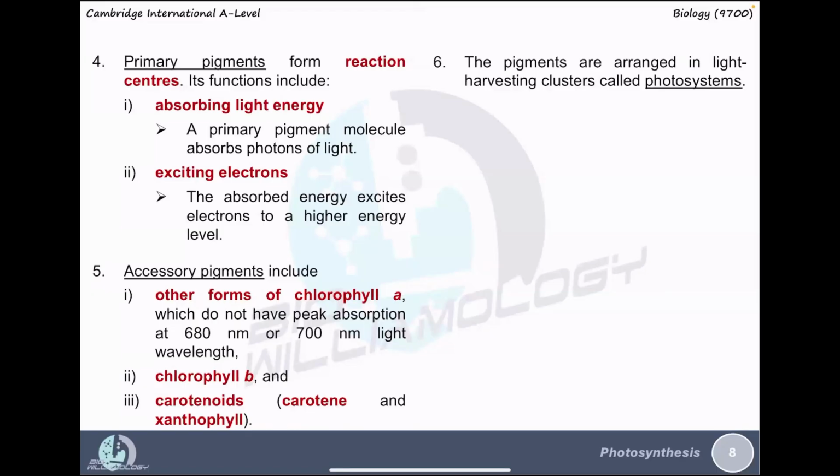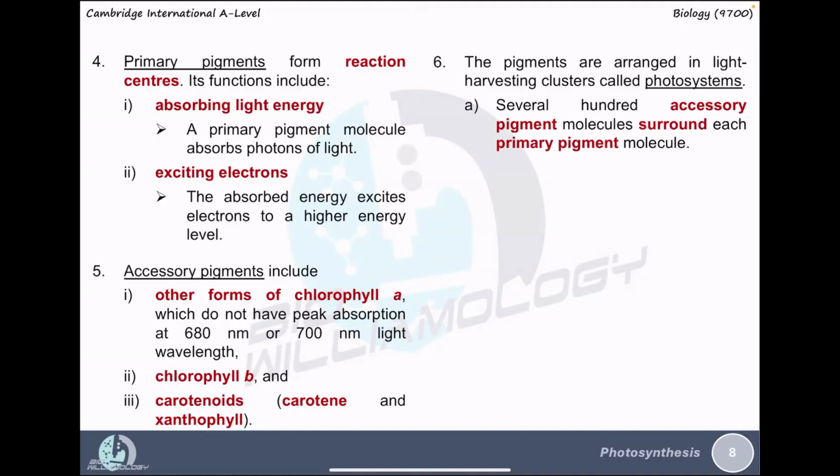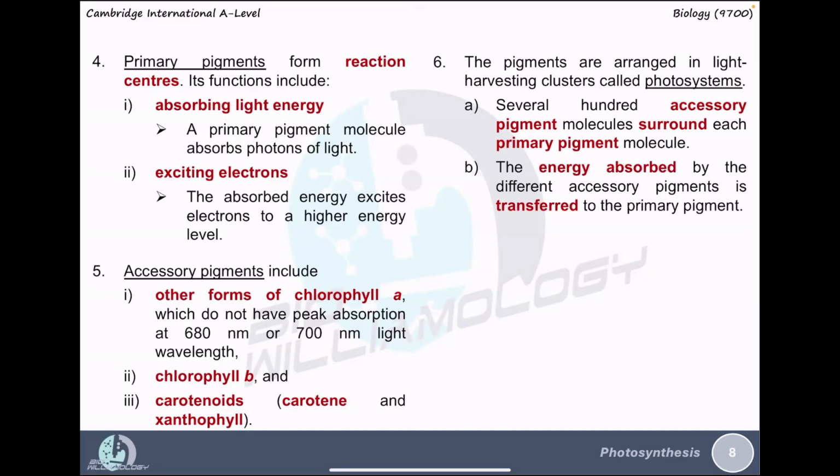As we know, these pigments are arranged in light harvesting clusters known as photosystems. Several hundred accessory pigments, which include carotenoids, chlorophyll A, and chlorophyll B, surround the primary pigment, which is chlorophyll A that absorbs at 680 or 700 nanometer.